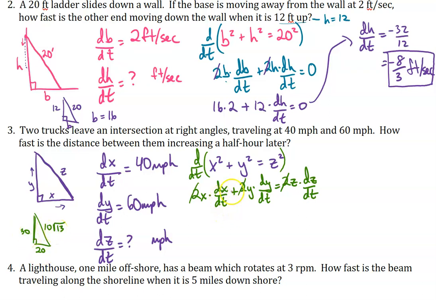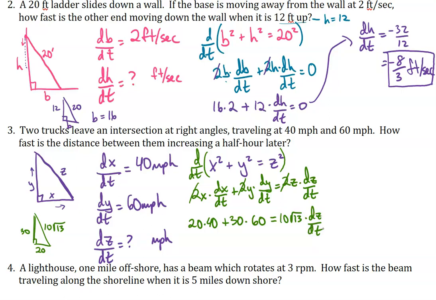and we also know dx over dt and dy over dt are 40 and 60, and we are solving for dz over dt. So that means I have all but one of my variables represented, and I can plug these in. So 20 times 40 plus 30 times 60 is equal to 10 root 13 times dz over dt, which is what we are solving for.